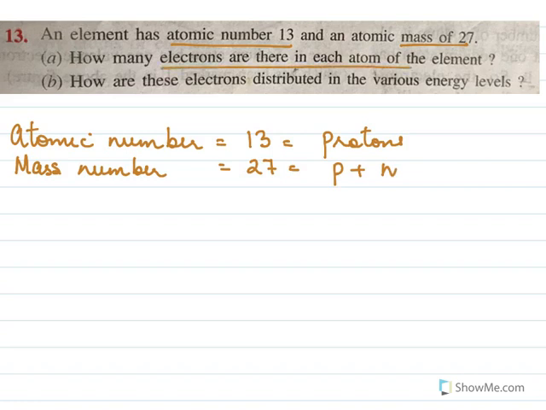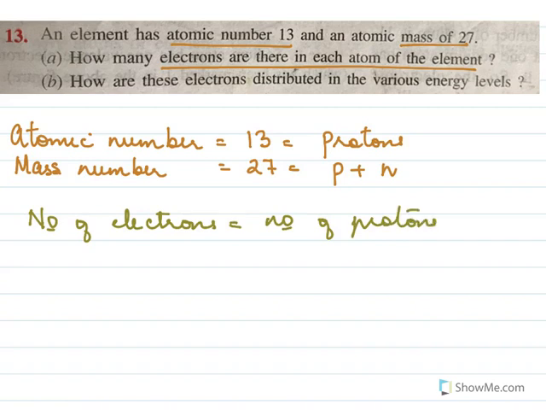How many electrons are there in each atom? So number of electrons equal to number of protons, and we have seen the number of protons is 13, so the electrons will be also 13.